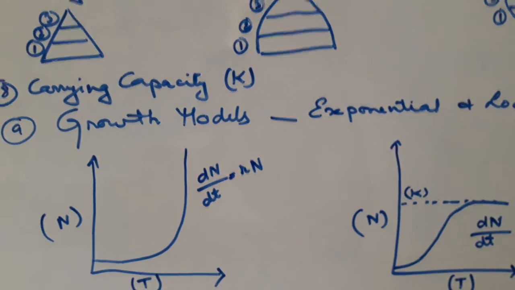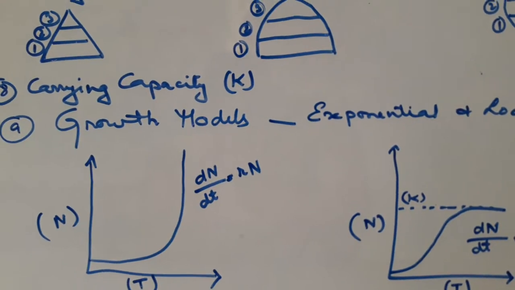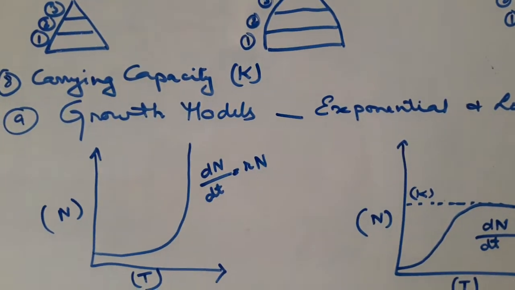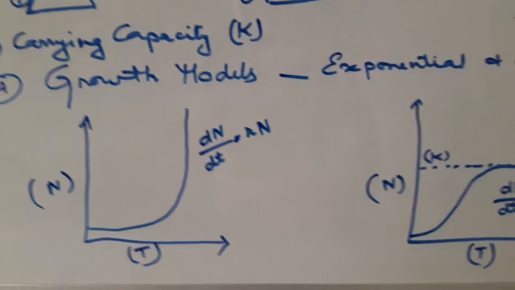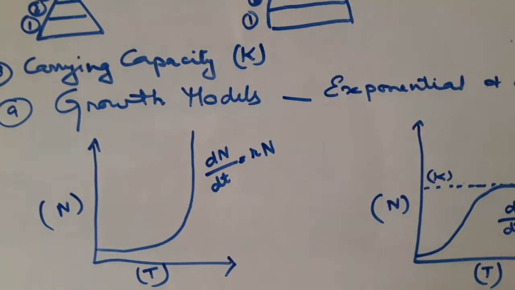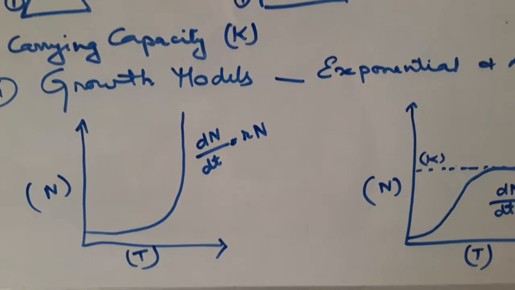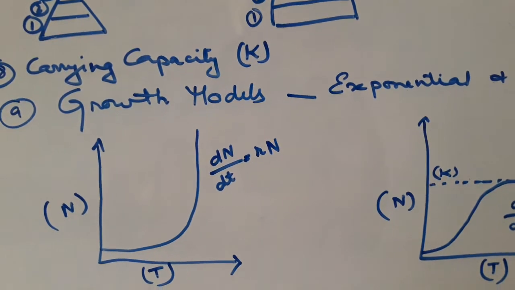Here we find three different phases, the lag phase, the log phase, and the steady phase, or whatever we call it, the crash phase. Lag phase means the growth or size is increasing very slowly. In the log phase, the growth takes place rapidly, and in the declining or steady phase, the growth almost stops.